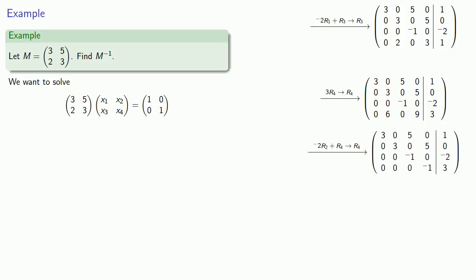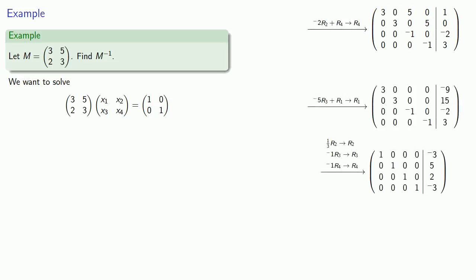And after all the dust settles, and there is quite a bit of dust, we get our reduced row echelon form of the matrix, and we can read off our solutions. x1 equals negative 3, x2 equals 5, x3 equals 2, and x4 equals negative 3, and so here we have the 4 components of our inverse matrix.